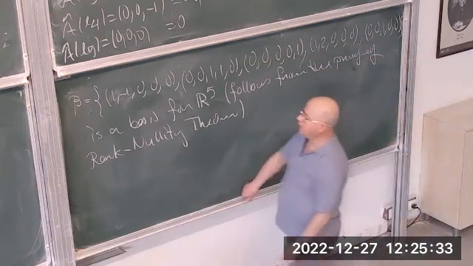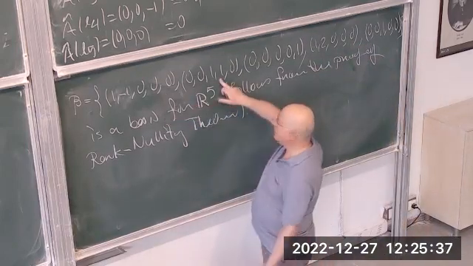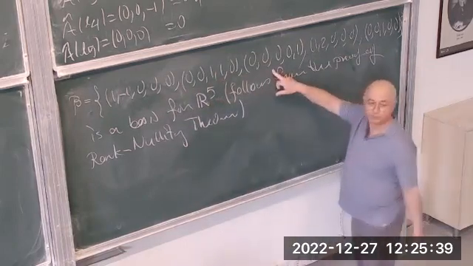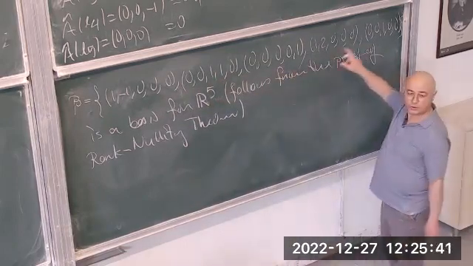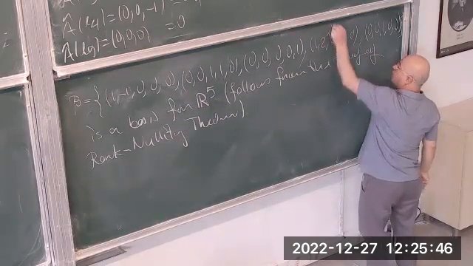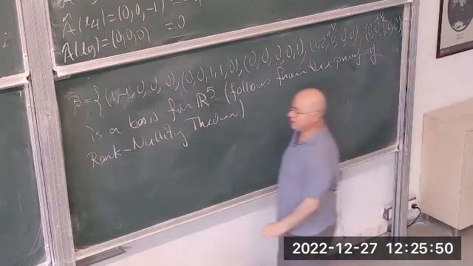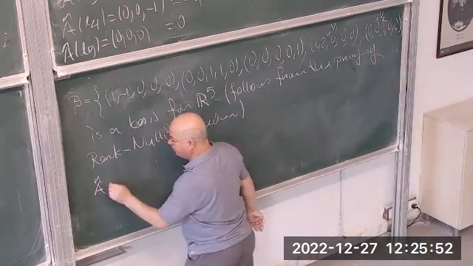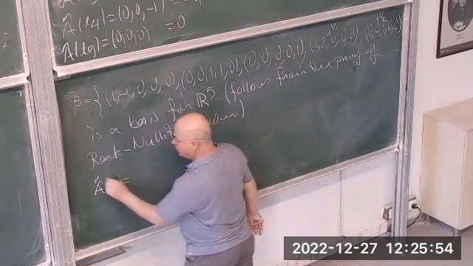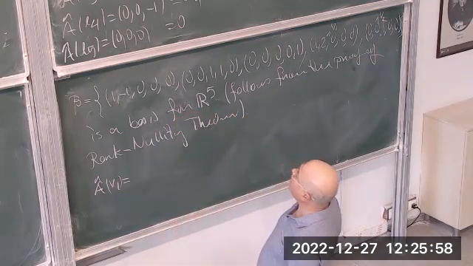Well, okay. This element is mapped to 0. This is mapped to 0. This is mapped to 0. So I just need to concentrate on these two vectors. Let me call this one V1 and this one V2. What is A hat V1? Well, we already computed that. Ona isim de verdik.